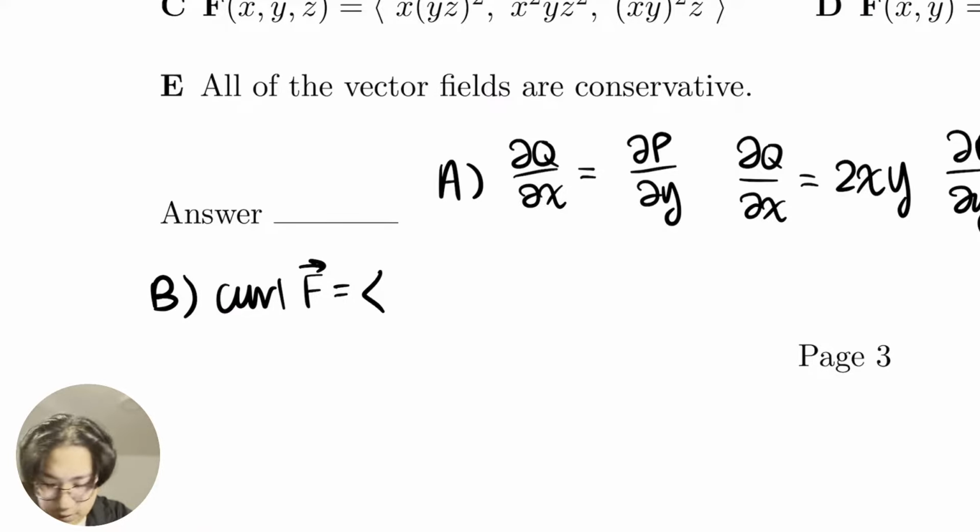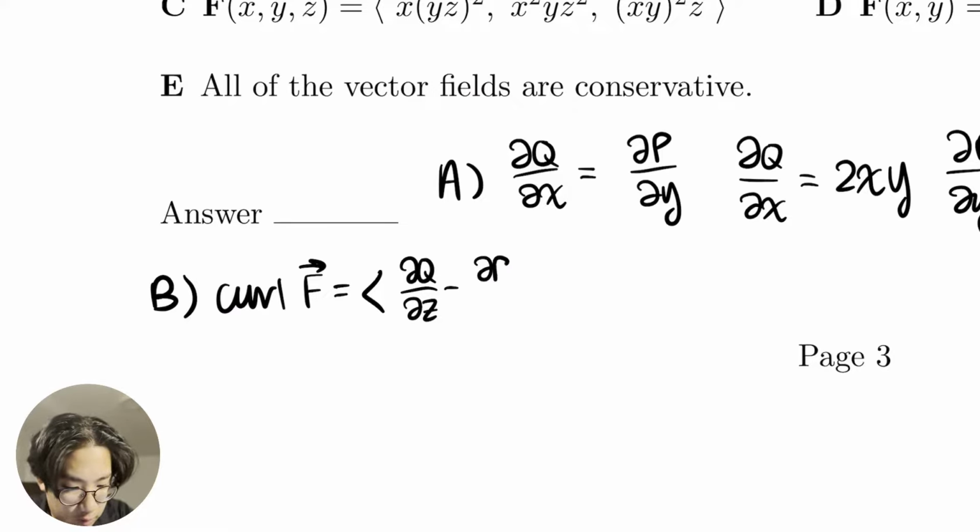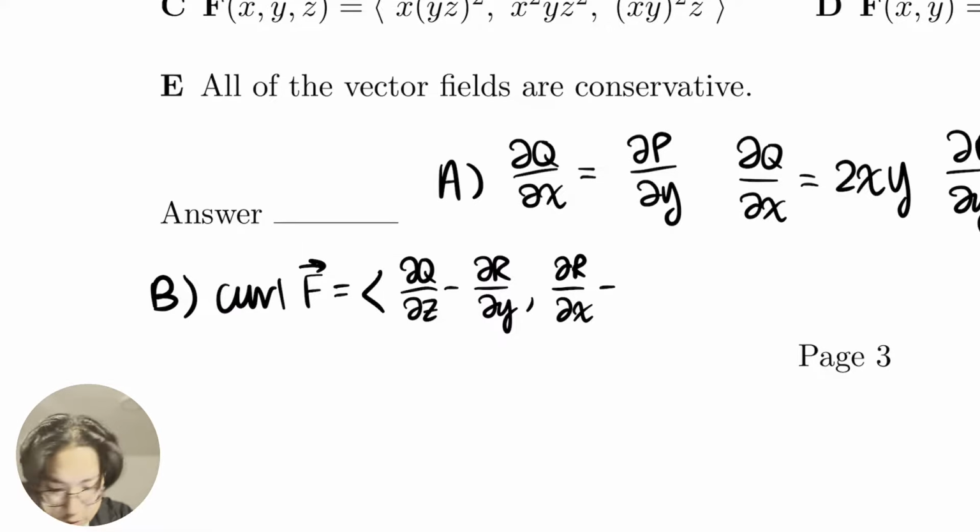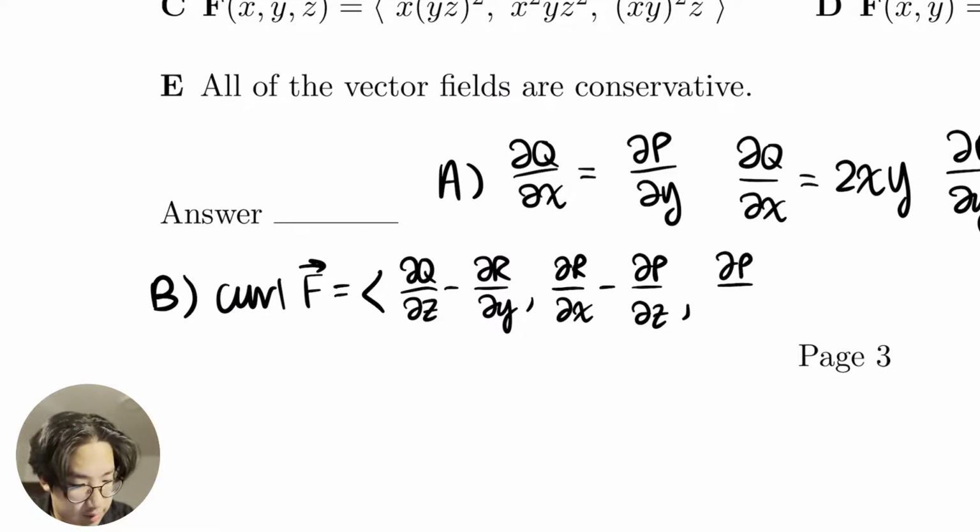So we have partial q partial z minus partial r partial y, and then partial r partial x minus partial p partial z, and the last part is just partial p partial y minus partial q partial x.